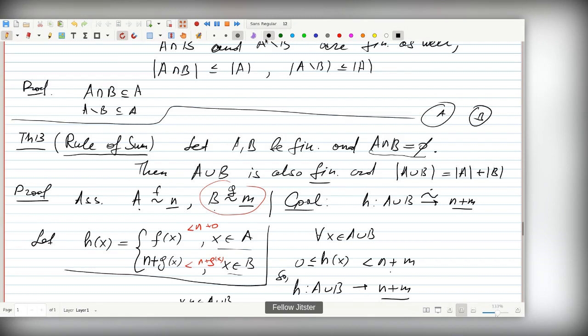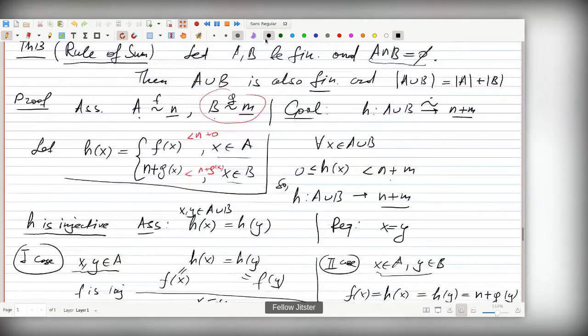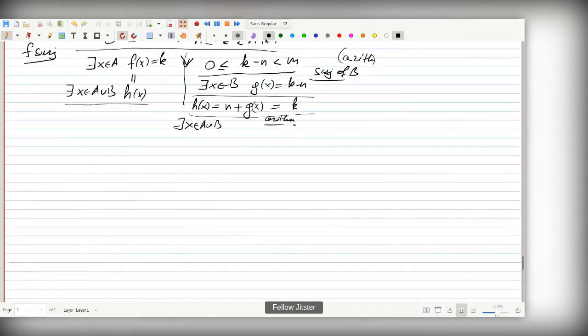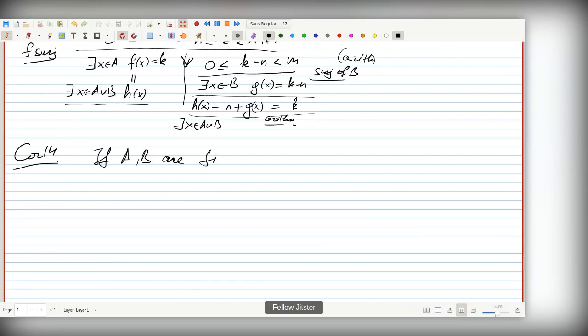generalize this rule of thumb to the case when A and B are finite, but not necessarily disjoint. Our last statement, corollary 14: if A and B are finite, with no additional requirement of them being disjoint, then their union is finite.